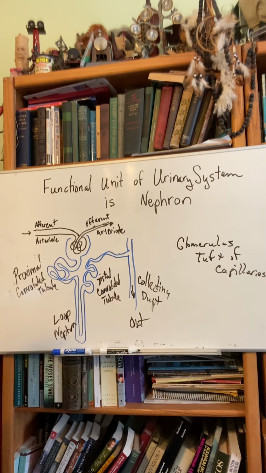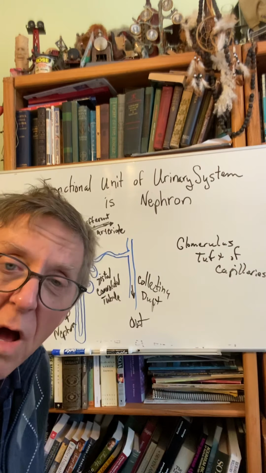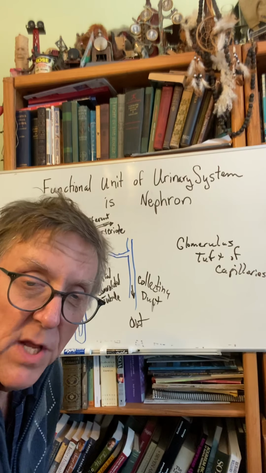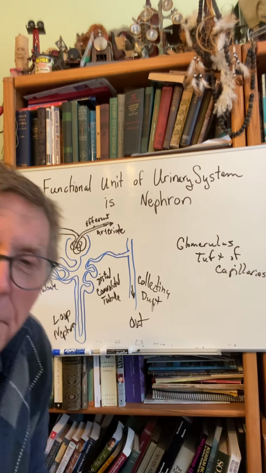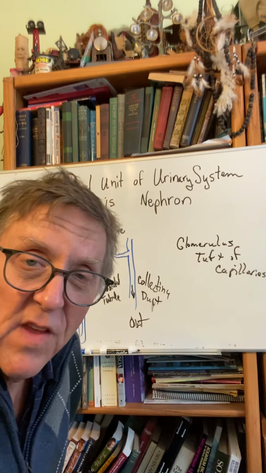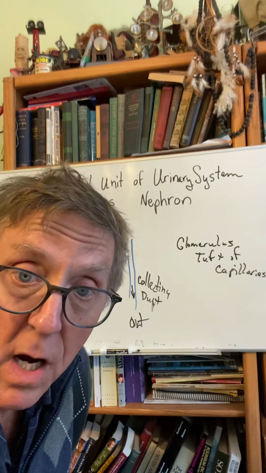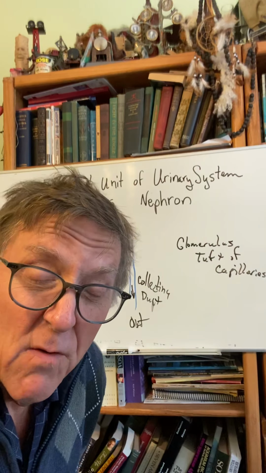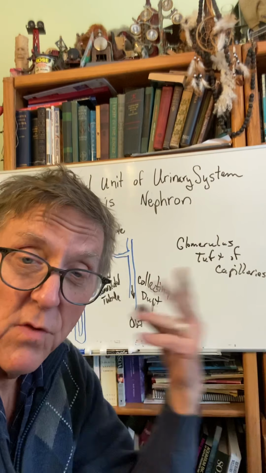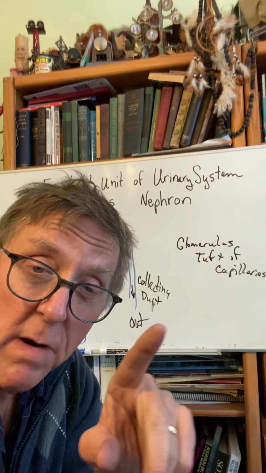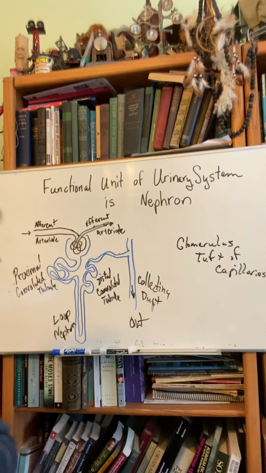Now, there's a lot to talk about when we talk about filtration, the first process. We're going to talk about three processes that are going to be happening: filtration, then reabsorption, and then secretion. We're going to start out talking about filtering the blood, filtration.